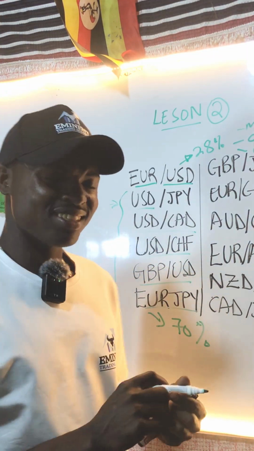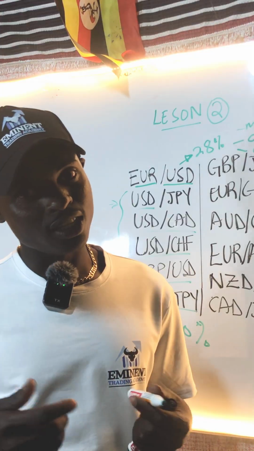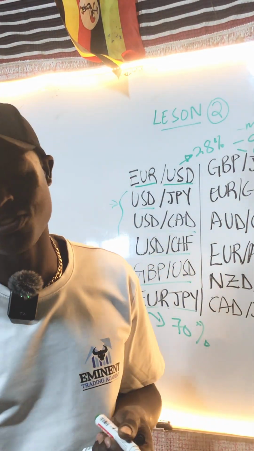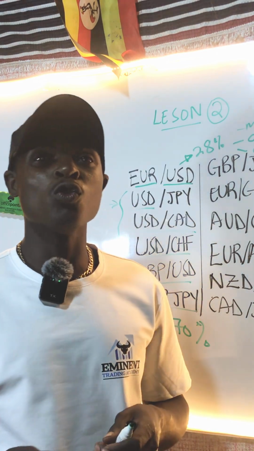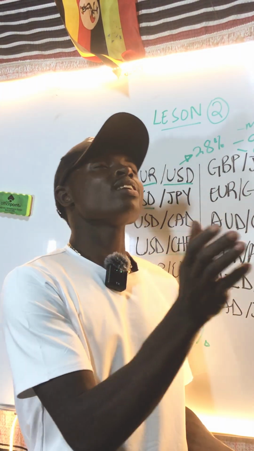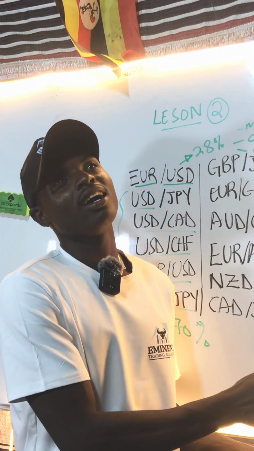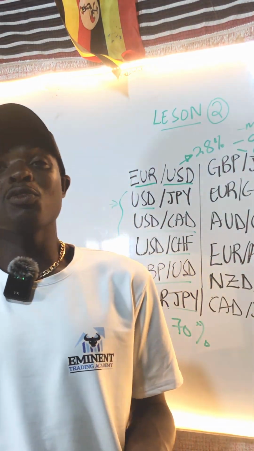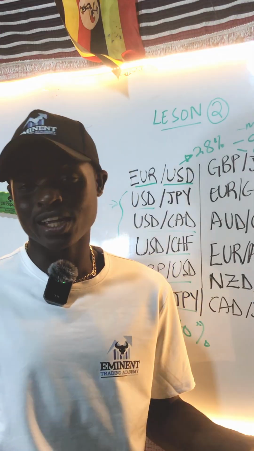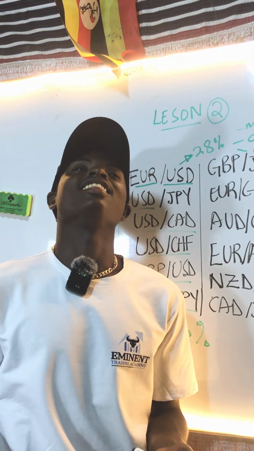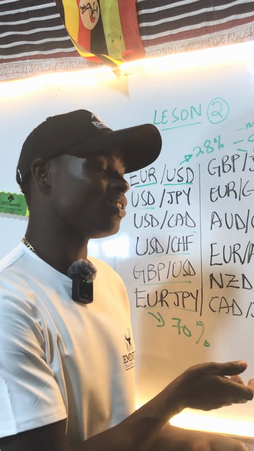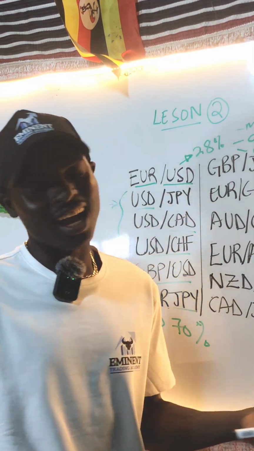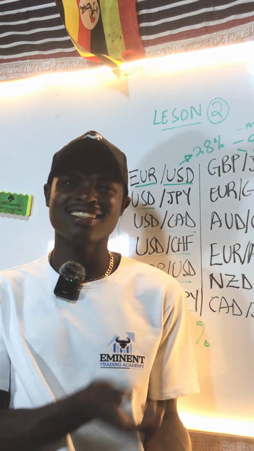So we have the crosses. These crosses usually do not contain the US dollar, and they are ideal for diversification. For example, when an investor would like to invest in other countries' currencies, excluding the US dollar, because the US dollar may have some issues and complications, like geopolitical uncertainties and news events.